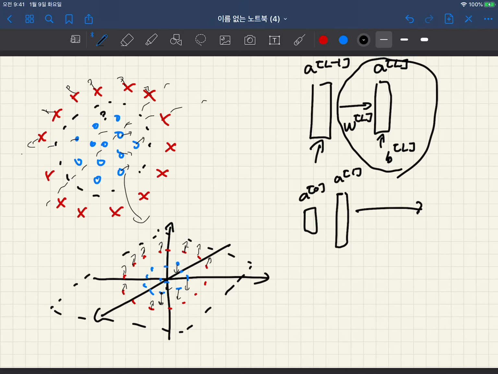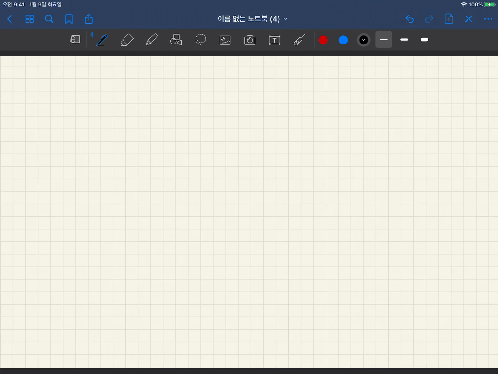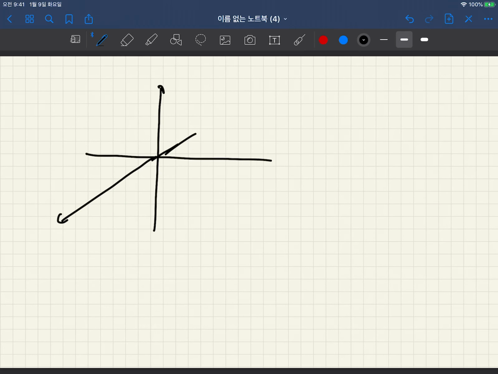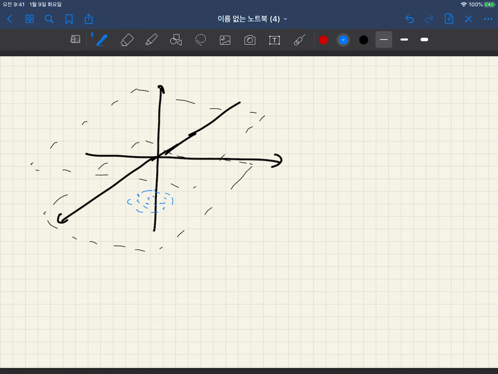Okay, and using many layers, essentially in the end, you might have this kind of blue and red points. So essentially there are two planes, and all blue points are located on the downside plane, all red points on the upside plane.